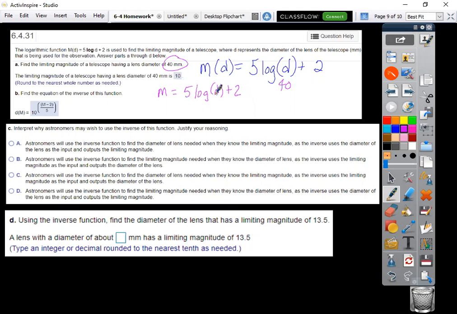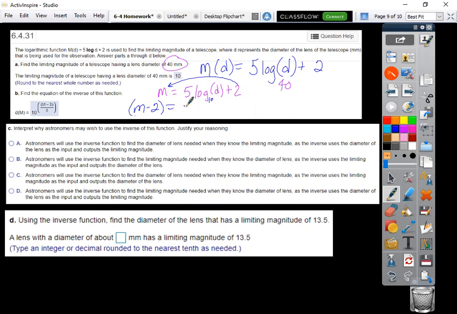And now you're trying to solve it for this d. Whenever you have a variable inside, as the argument of the log, then you have to rewrite this as an exponent problem. So remember, this is base 10. We've got to get the log alone before we change it to an exponent. So the first thing is we're going to subtract that 2.